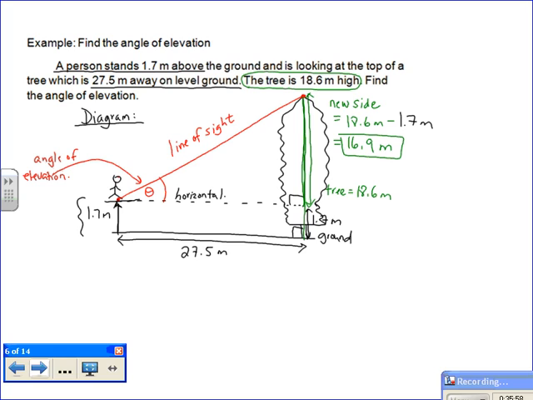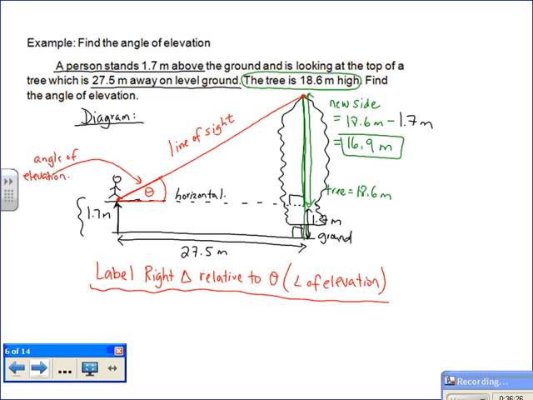Well, the angle I'm looking for is this angle right here. So we're going to label our right triangle relative to that angle, which is the angle of elevation. Let's label the opposite side and the adjacent side, being careful when we do that.